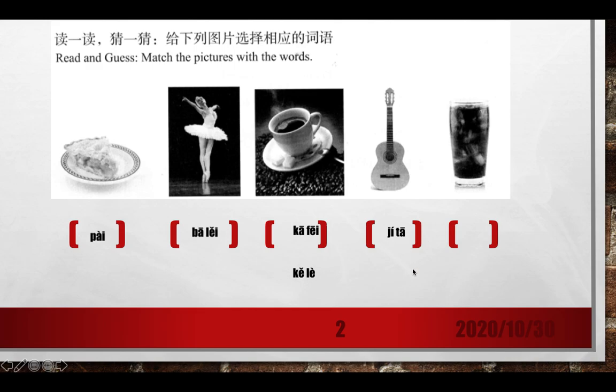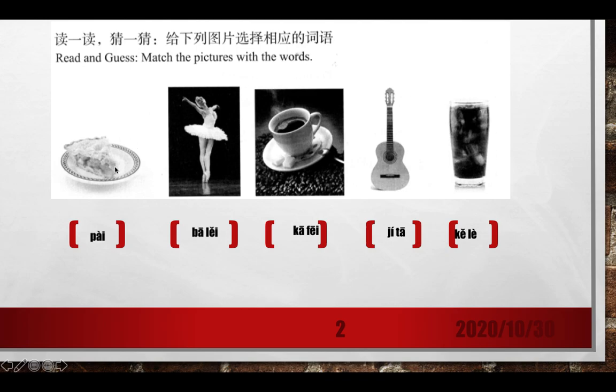Last one. Okay, everyone could read this word using pinyin. 可乐. Great. You might have noticed that every Chinese word is pronounced similar to the English word.